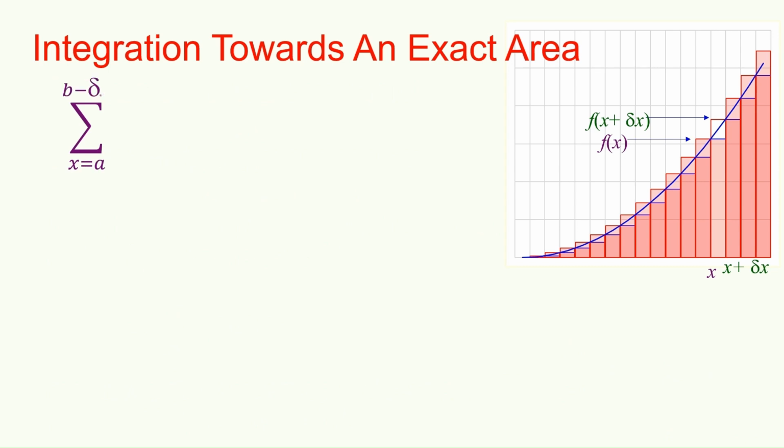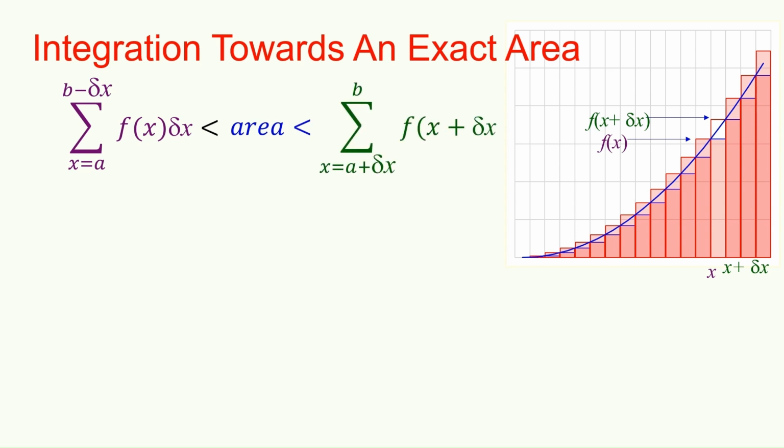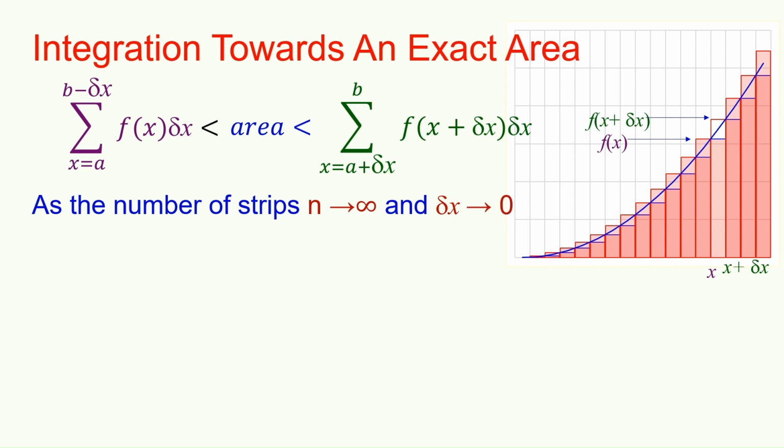Sigma sum over from x equals a to x equals b minus delta x f(x) delta x is less than the actual area, less than the sigma sum over from x equals a plus delta x to x equals b f(x plus delta x) delta x.